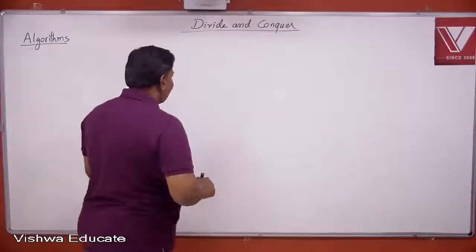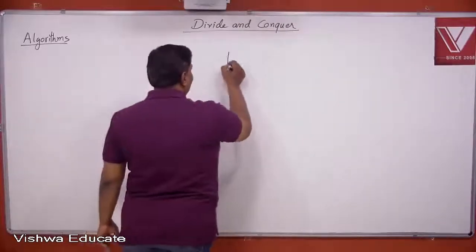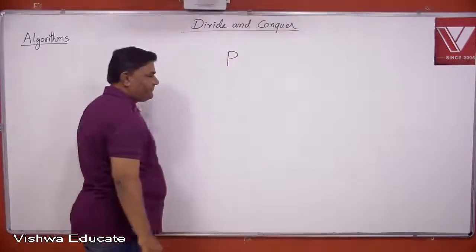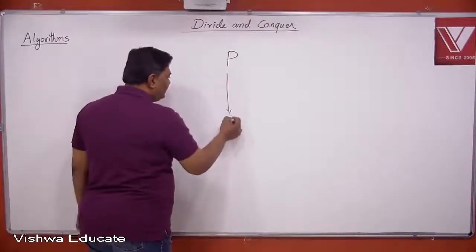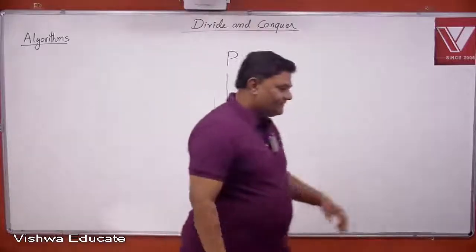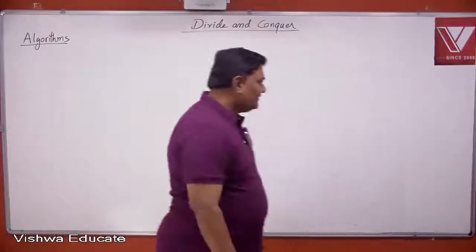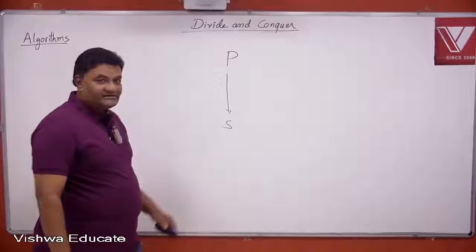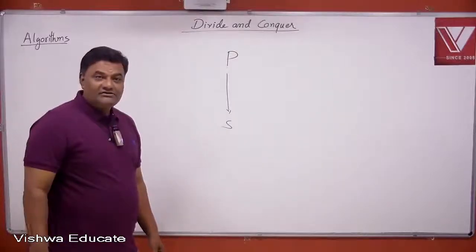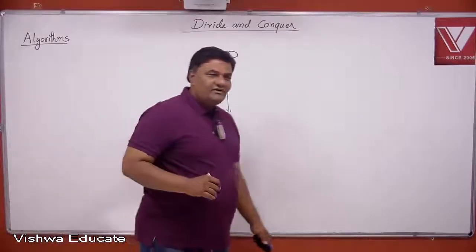Divide and conquer strategy says that if a problem is given to you and you have to find a solution, but the problem is large, you cannot solve it directly.